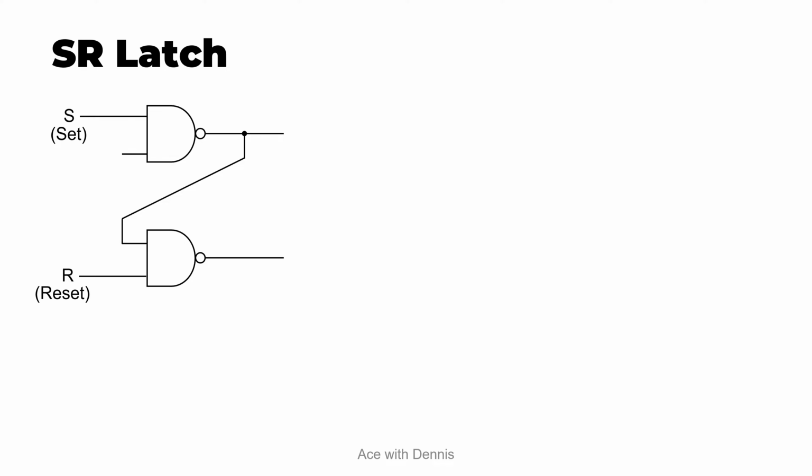The output for the first NAND gate is connected to the first input for the second NAND gate, and the output for the second NAND gate is connected to the second input for the first NAND gate. The output for the first NAND gate is labeled as Q, and the output for the second NAND gate is labeled as Q bar.